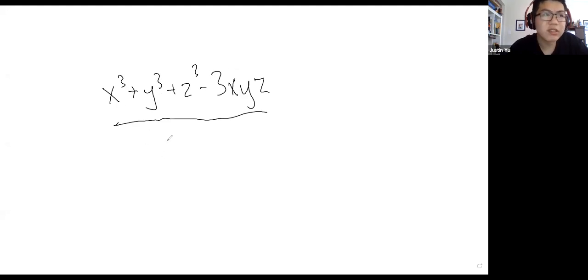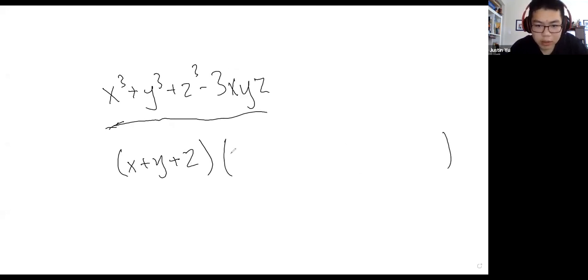There's going to be one thing that you have to memorize, and that is that this is a factor, x plus y plus z. Just a fundamental symmetric thing, so hopefully that's easy. But now we have to think, what's going to go in this other factor? Can somebody, preferably somebody who doesn't know the factorization, think of what terms have to go in here?